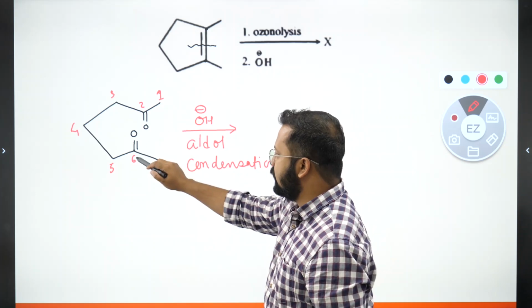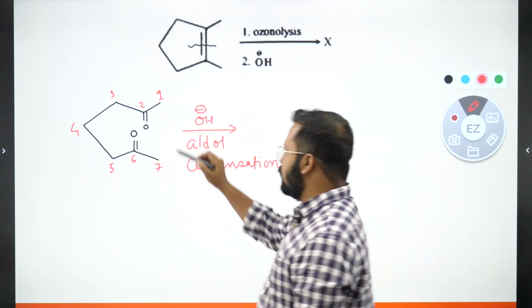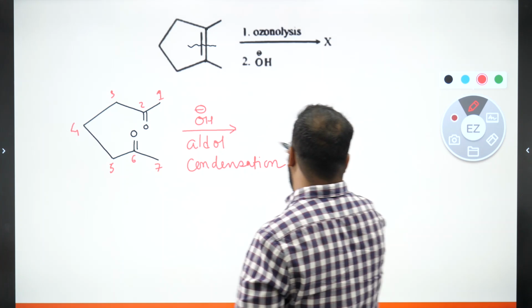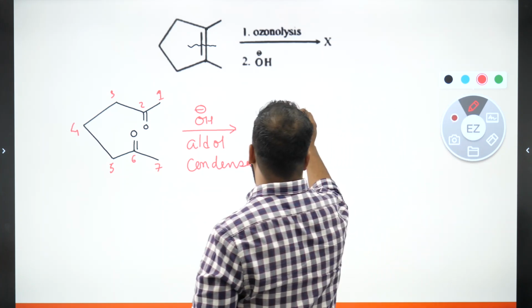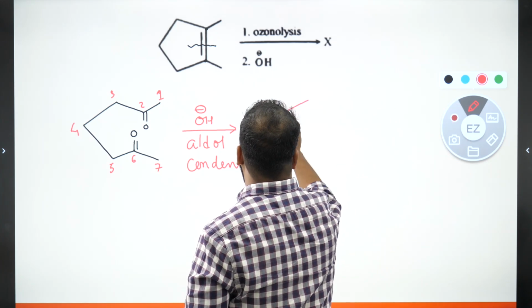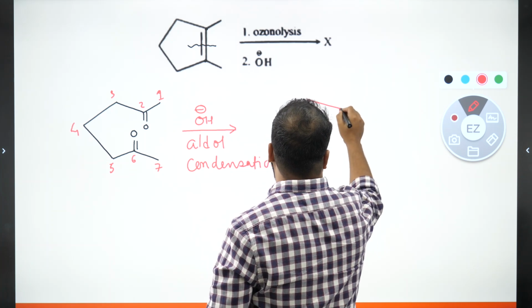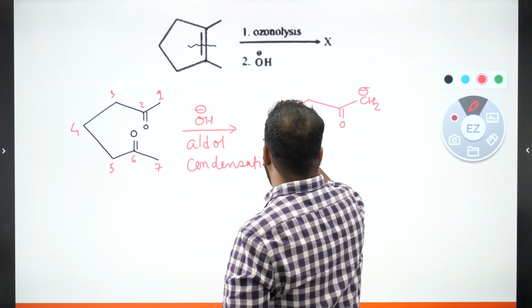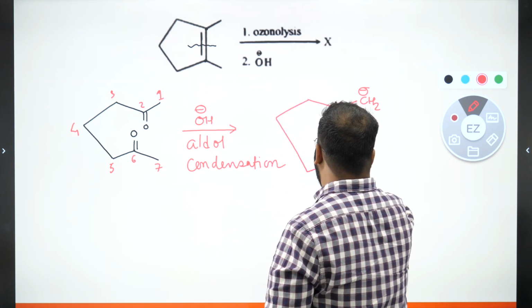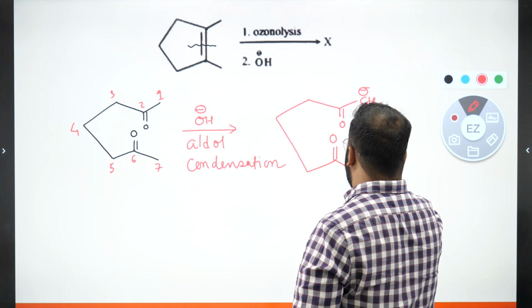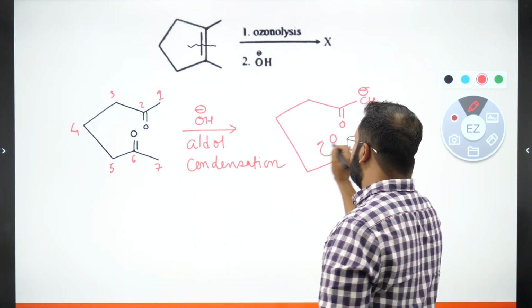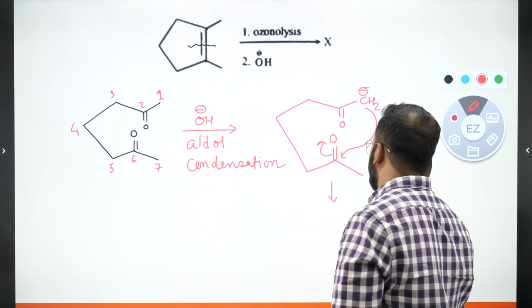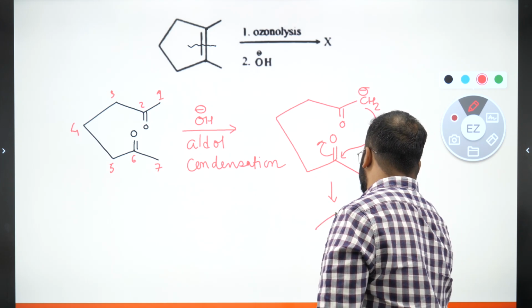So 1 if attacks at 6, I will get a 6-membered ring. So reaction will take place like this. This will attack over here. This will go like this, and we would be getting a 6-membered ring.